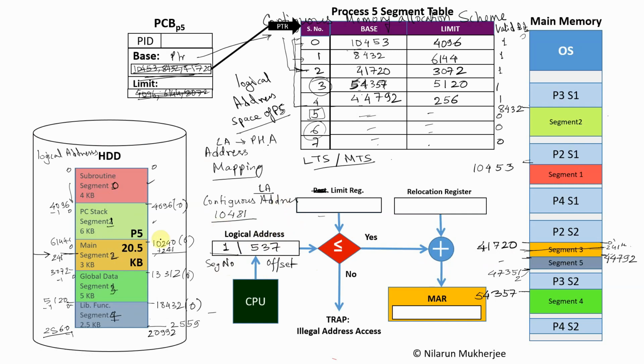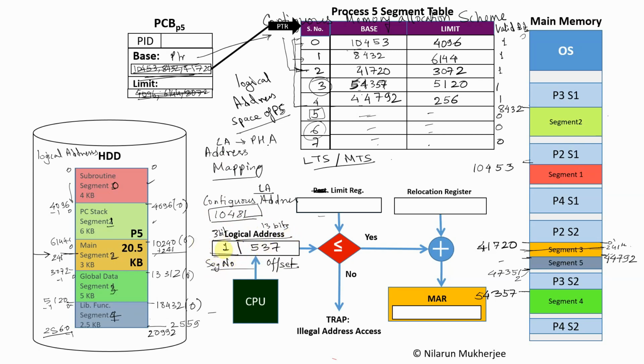Let's see how this will be translated. Segment number 1. So you see the logical address in the contiguous memory allocation was a single number. Now it will be broken into two parts. First 3 bits reserved for segment number, the next 13 bits reserved for offset. So the mapping will be like that.